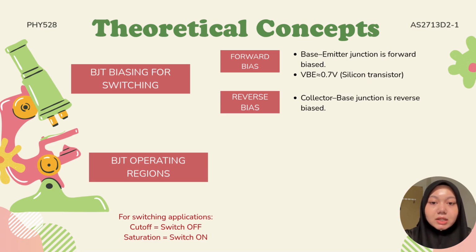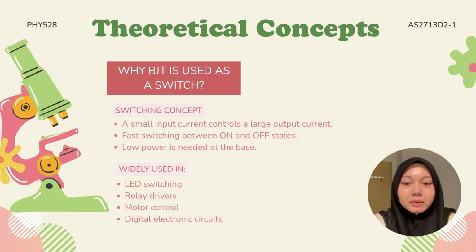In this condition, the collector current reaches its maximum value and the transistor is fully on, just like a closed switch. Because a BJT can switch quickly between the cut-off and saturation regions, it is widely used in switching applications such as LED control, relay drivers, motor control, and digital electronic circuits. That is the basic theoretical concept of a BJT.